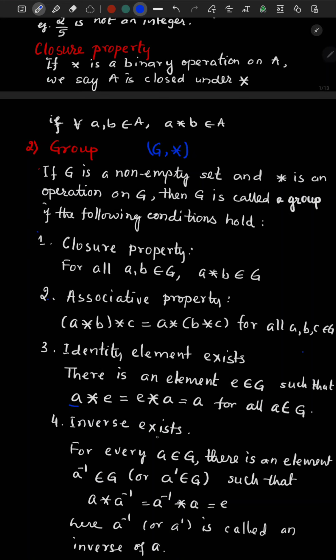Inverse should exist. For every element A belonging to G, there should be an element which is called the inverse such that A star A inverse is equal to A inverse star A is equal to the identity element E. Then we say A inverse is the inverse of the element A.